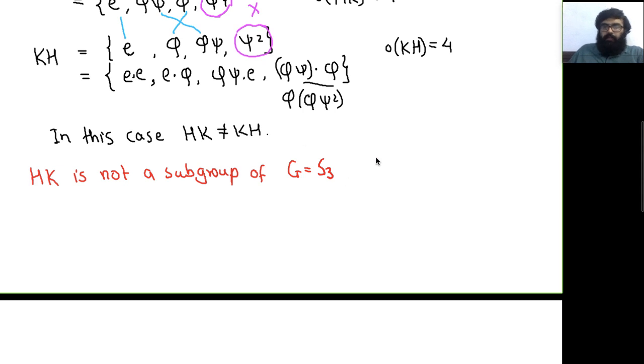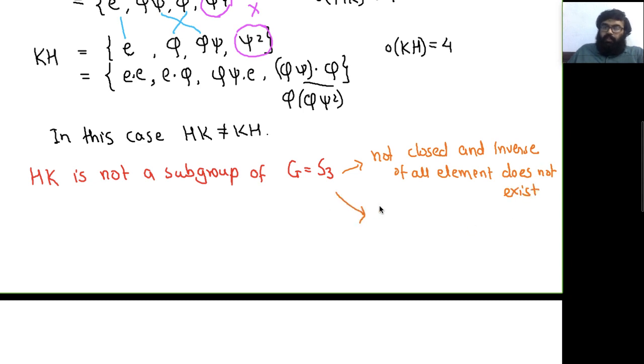The reason is, it is not closed, and the existence of inverses also fails. So the inverse of all elements doesn't exist. So that is one reason.